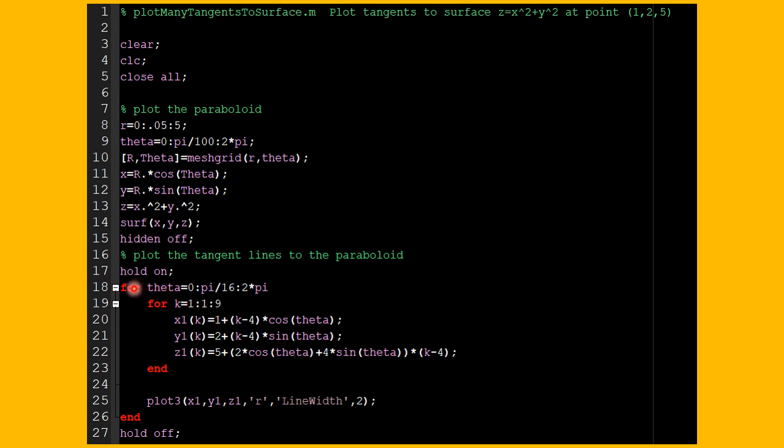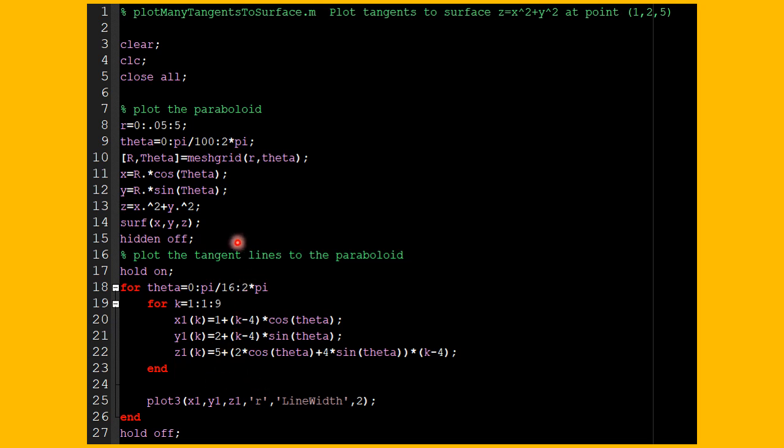So we have a loop here that goes for theta from 0 to 2 pi by increments of pi over 16. We compute this tangent line and then we plot it. So we do this, it looks like, maybe 32 times to get 32 tangent lines, and each one we plot.